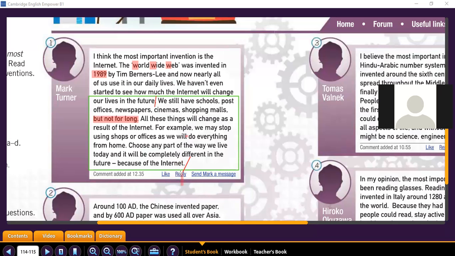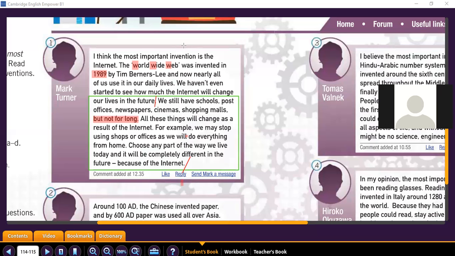So the last thing we have is choose any part of the way we live today and it will be completely different in the future. Sí, que todo va a ser diferente con el internet. Es mucho más posible que las cosas aún cambien mucho más con el uso del internet in the future.